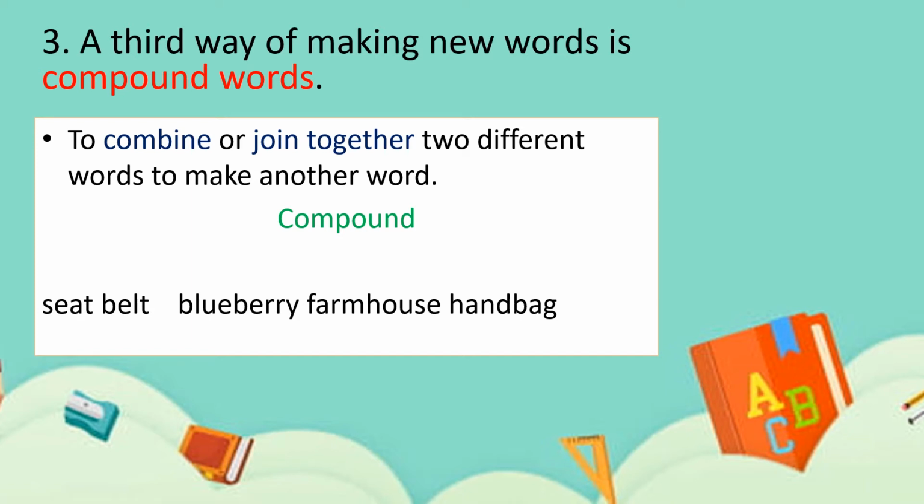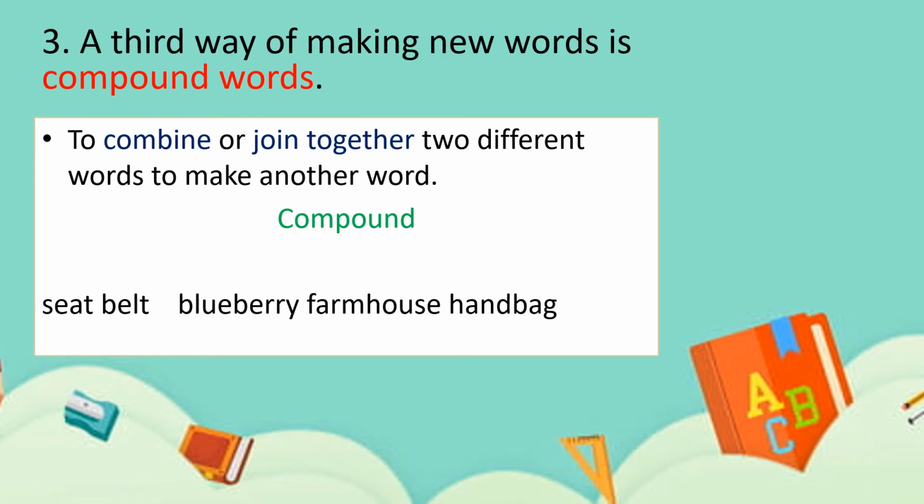Another kind of compounds are two words combined together, where you cannot find the space between the first and the second word. It seems to be like one word. Blueberry. Blue is a word. Berry is another word.